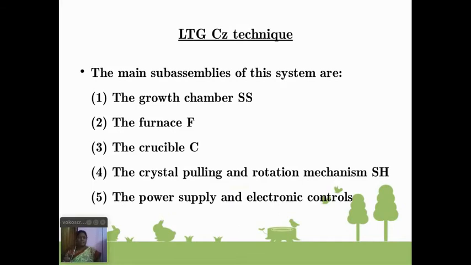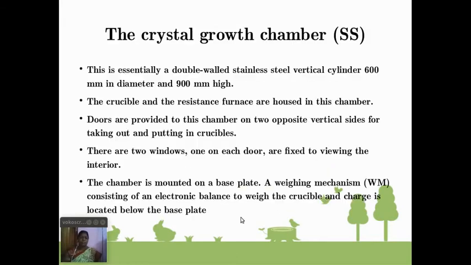The main sub-assemblies of this system are the crystal growth chamber SS, the furnace F, the crucible C, the crystal pulling and rotation mechanism SH, the power supply and electronic controls.